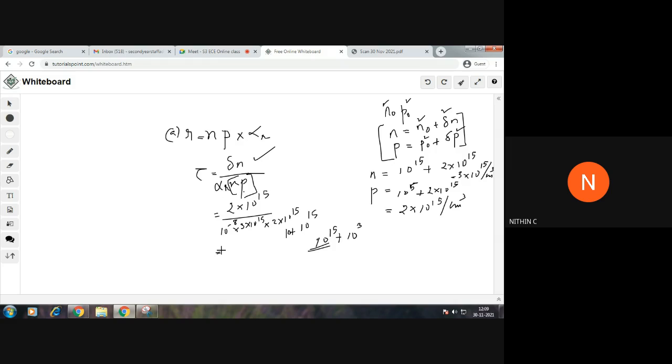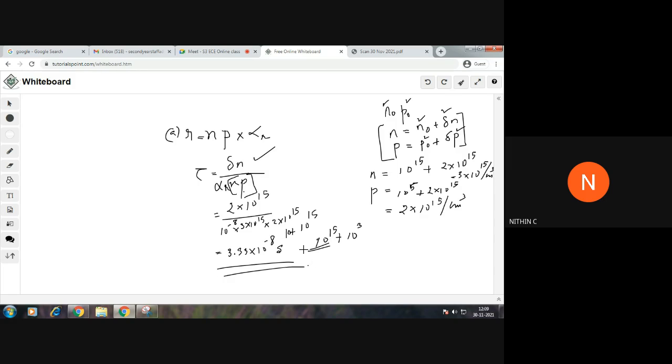This will give you the answer, and the answer will be in seconds since it is carrier lifetime. Anybody with the answer? 3.3 into 10 raised to minus 8. Yes, that's the right answer: 3.33 into 10 raised to minus 8 seconds.